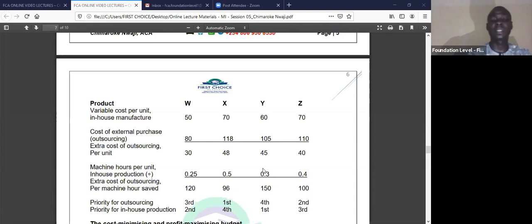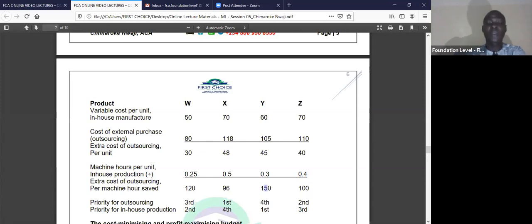So this is the extra cost of outsourcing per machine hour saved. It means that the highest, 150, will be best saved when we do it ourselves.